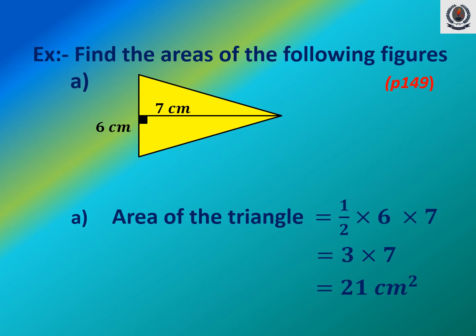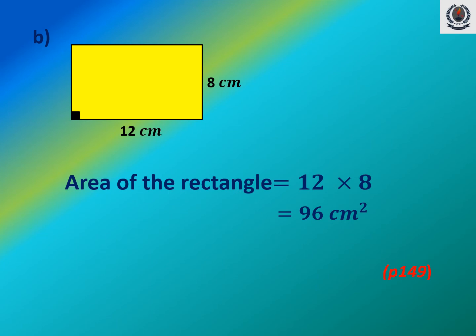Then 3 into 7, answer is 21 square centimeters. Then area of the rectangle, length multiplied by the breadth. Here length is 12 centimeters, breadth is 8 centimeters. Then 12 into 8, 96 square centimeters.